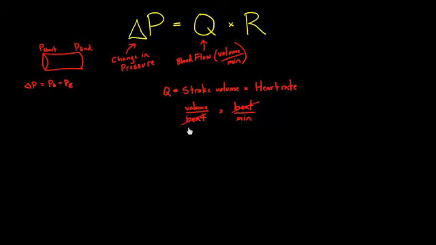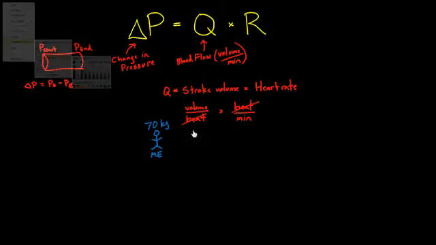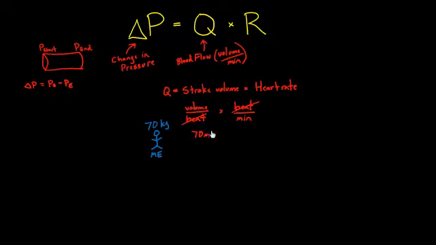And it happens to be that I'm about 70 kilos. For a 70 kilogram person, the stroke volume is about 70 milliliters, so you can expect about 70 milliliters per beat. And as I write this, let's say my heart rate is about 70 beats per minute.